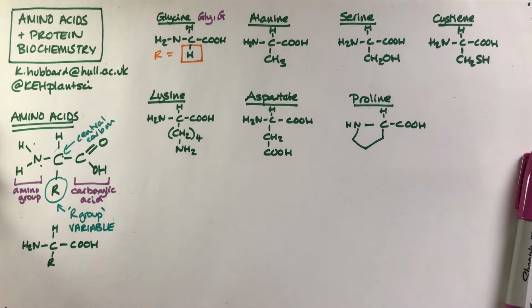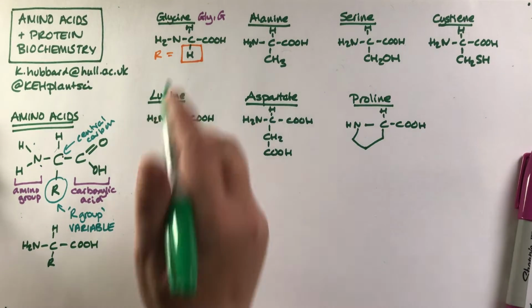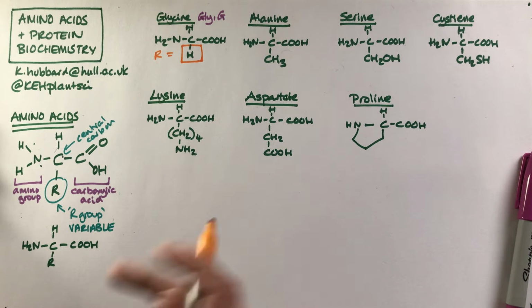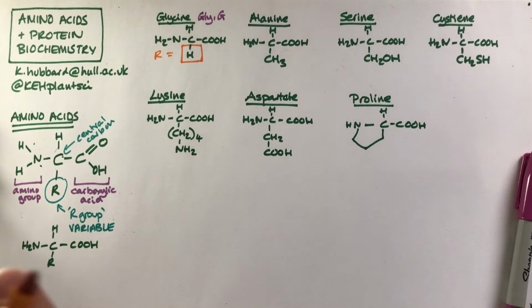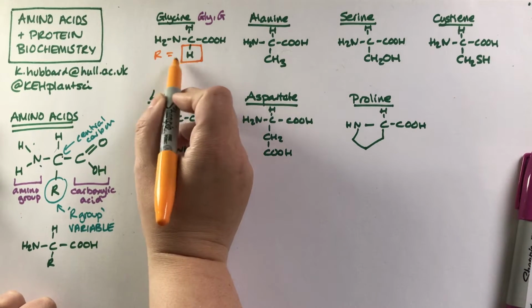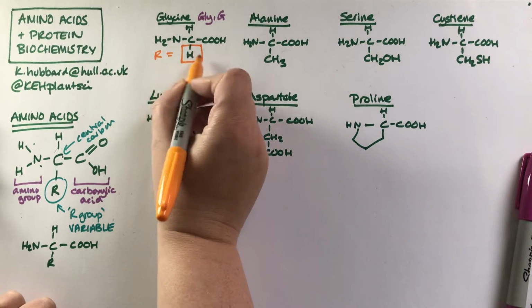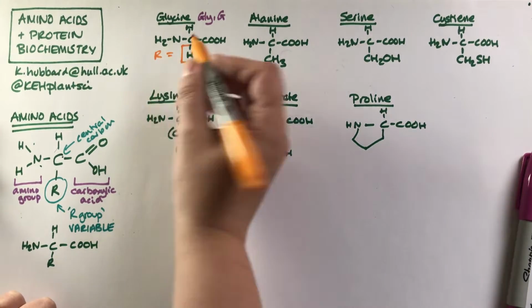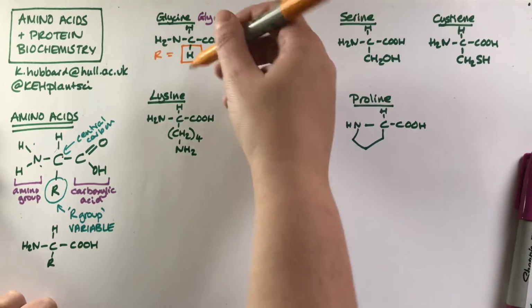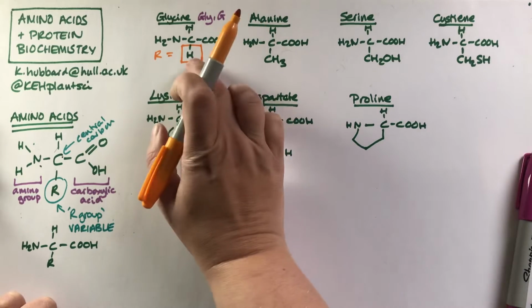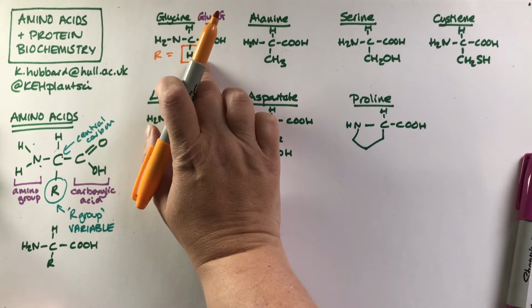So the R group is very simple in a glycine. It's just a hydrogen. And that's actually not very chemically reactive. Hydrogen can't do very much in there. So there's no particular chemical bond that hydrogen can form with any other component in the cell. Okay, so the R group for glycine is just a hydrogen.